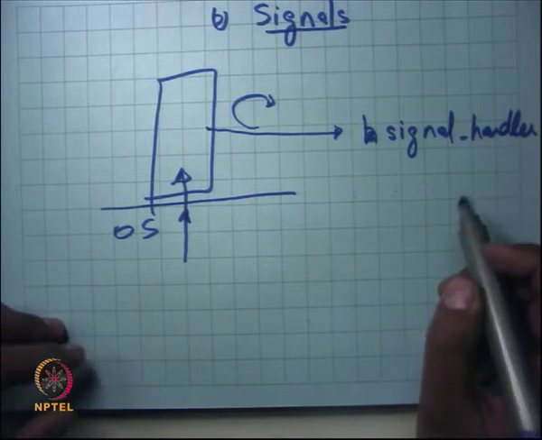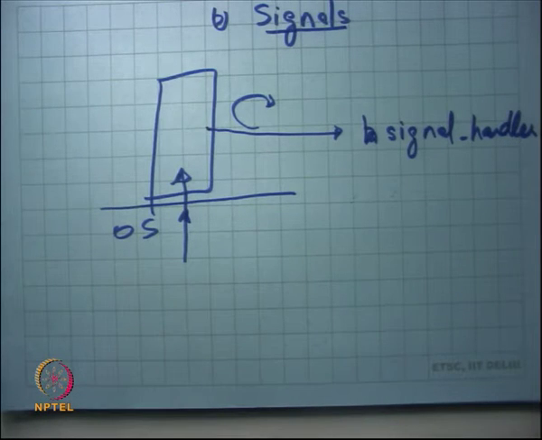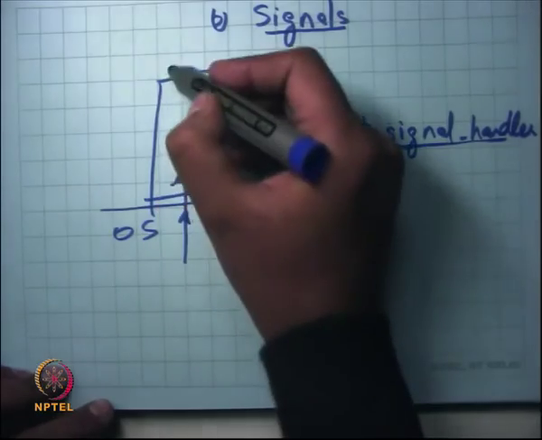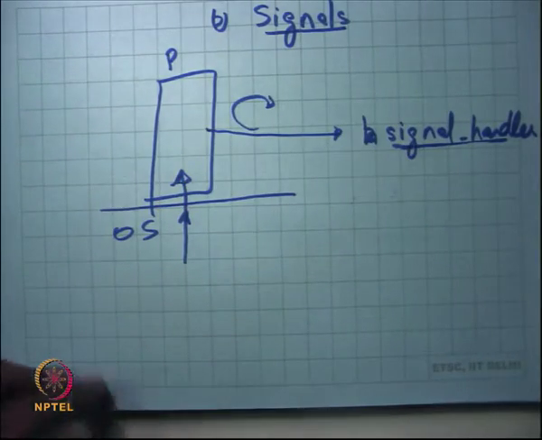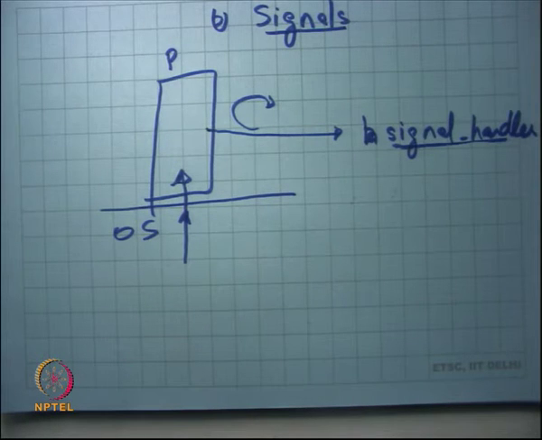Whatever it was doing, it suspends in some sense and makes a call to this special function which has been registered previously, and that special function is called a signal handler. That signal handler also executes in the address space of that process, so it can read and write all the memory that the process can.